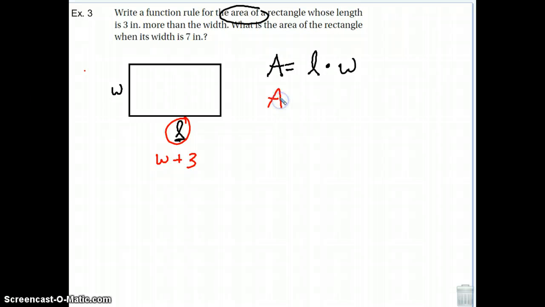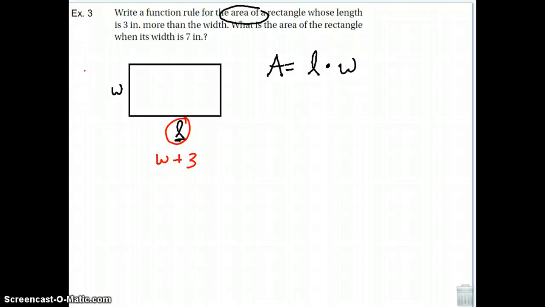So if I try to figure this out without writing a function rule, I would have A equals L times 7. That's an issue because I have two variables. So I'm trying to get rid of one of the variables so I have the same variable in both parts.